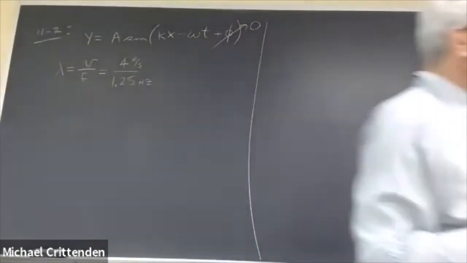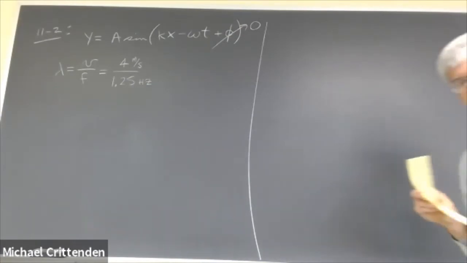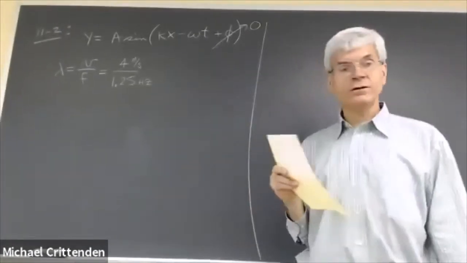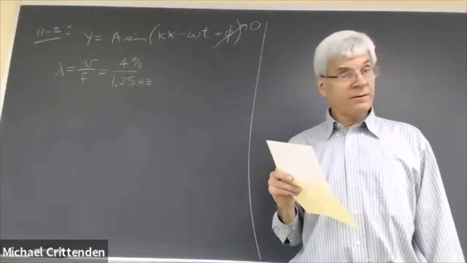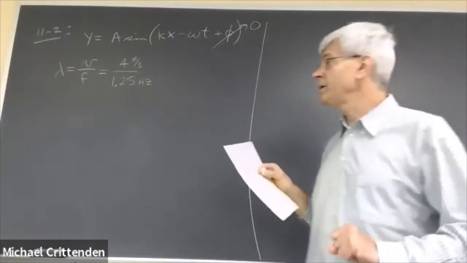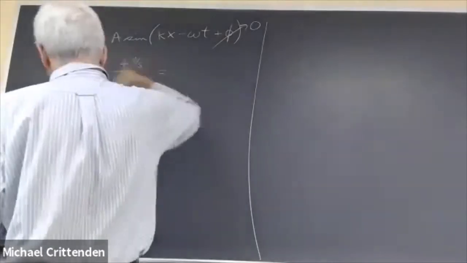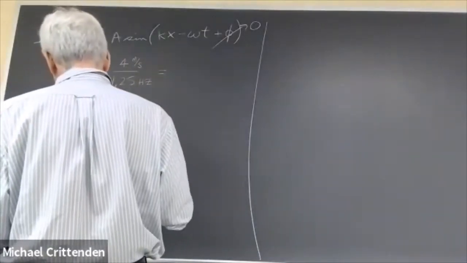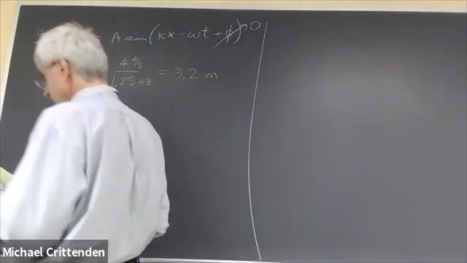For the frequency, it says the guy is hopping at a frequency of 1.25 hertz, which is pretty rapid. This guy's been drinking some coffee, I think. That's fairly rapid. He's kind of excited. Anyhow, you divide those and you get a wavelength of 3.2 meters.